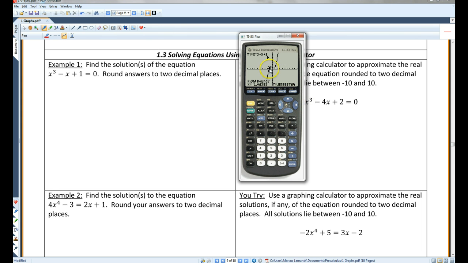Make sure you don't end right on top of it. It's better to be a little bit farther away than to be right on top of it. And then when it says guess, just hit enter. And there you go. So y equals 0, x equals negative 1.32.